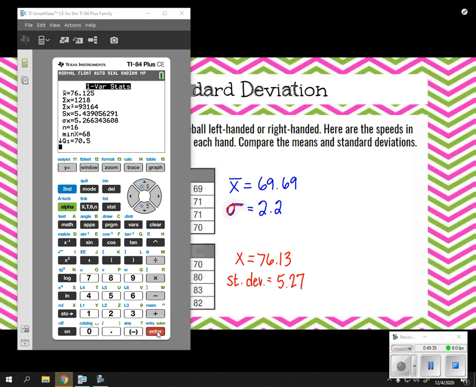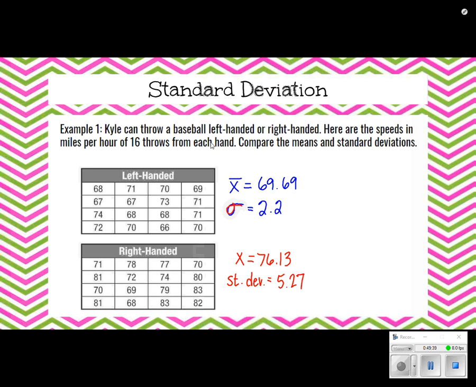Okay, so then let's compare the two. We are throwing a baseball left-handed, and the average speed for the left-handed ball is about 69 miles an hour, almost 70 miles an hour. For the right hand it's 76.13 miles an hour. So we're looking at a faster right-handed throw than a left-handed throw.